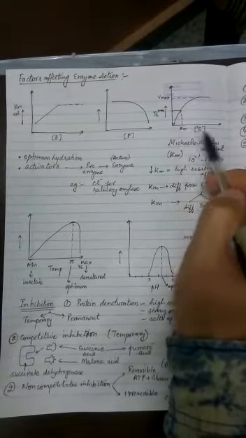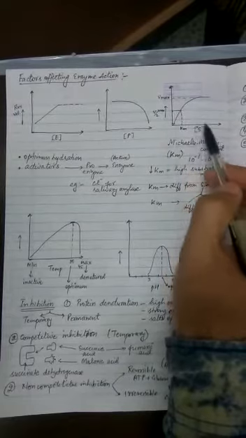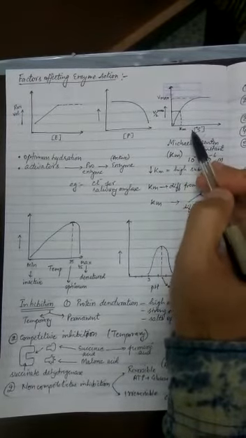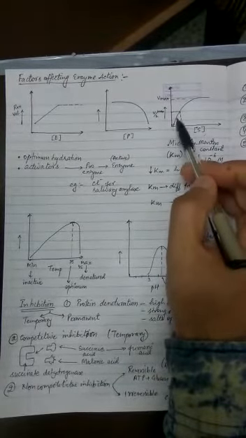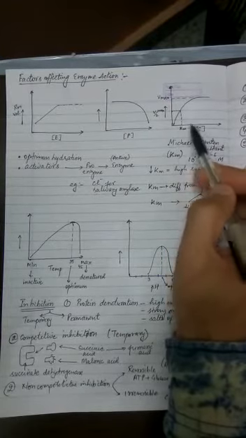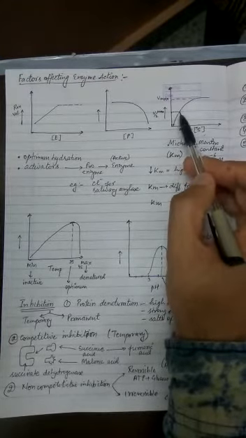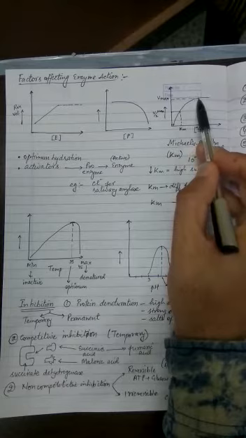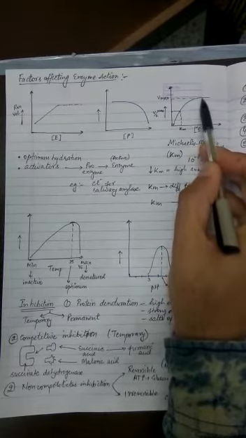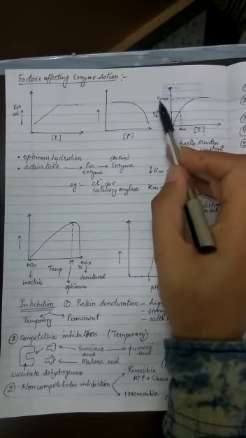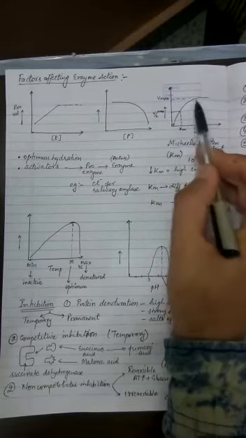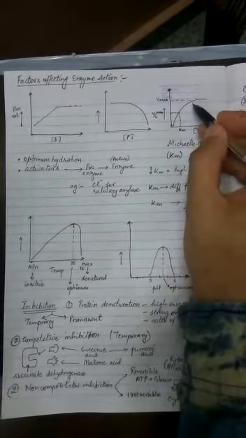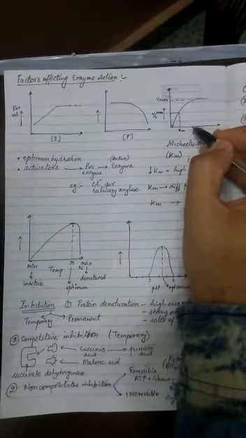For a reaction to go on with a particular substrate and a particular enzyme, the increase will go on like this. You increase the substrate amount, it will increase further, and finally it will become a constant value. That value is the maximum velocity for a reaction, and that concentration is this much.